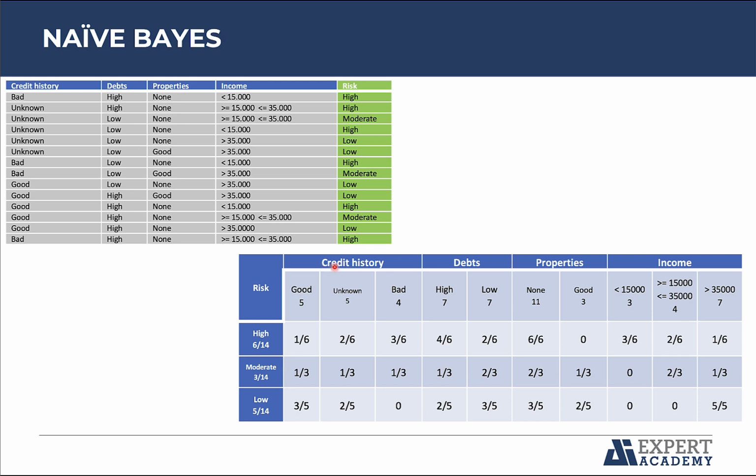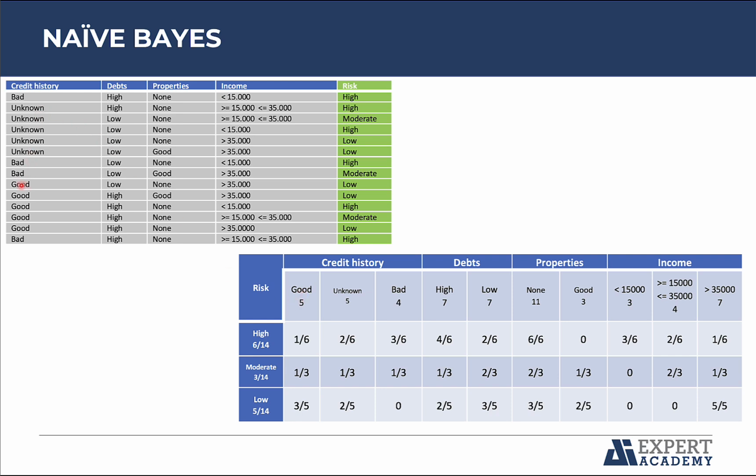Now we need to consider each one of the values of each one of the features. For example, credit history, there are 3 values: bad, unknown, and good. We are separating them here. Number 5 means that there are 5 people with credit history equals to good.